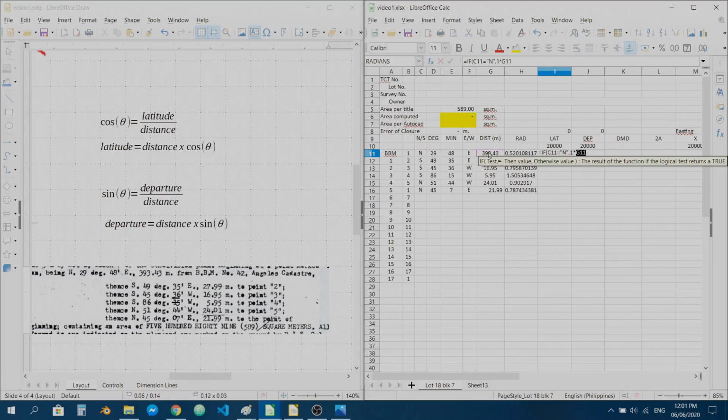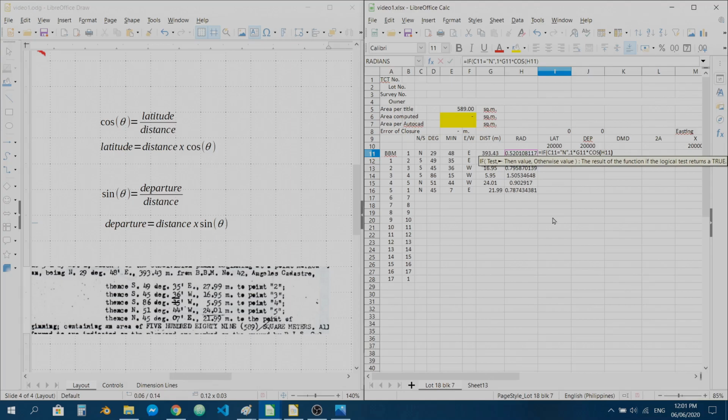Here, our distance times the cosine function of Calc or Excel. What angle? The theta, the one converted into radians. So that is the value if our direction is N or north.